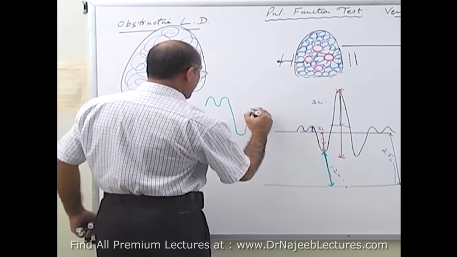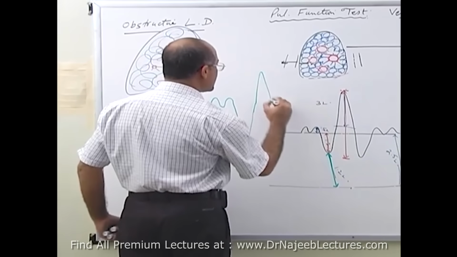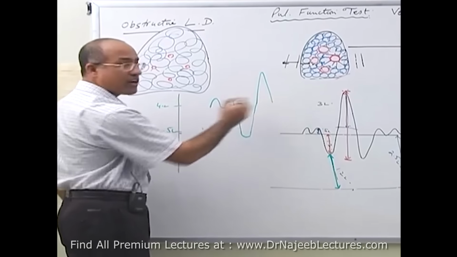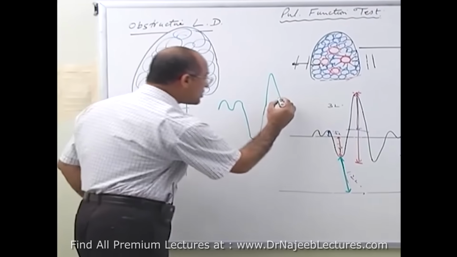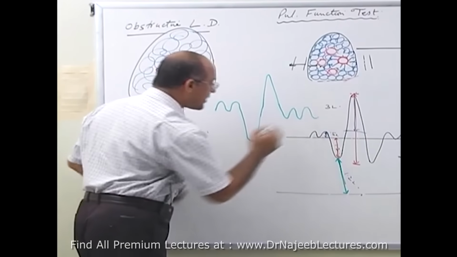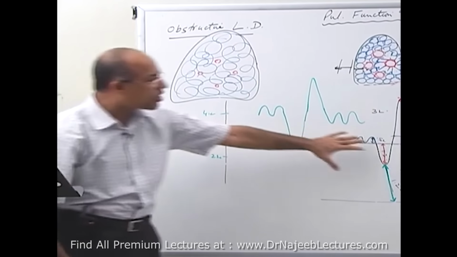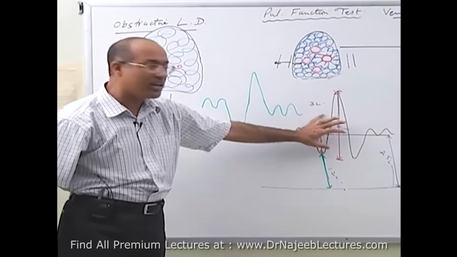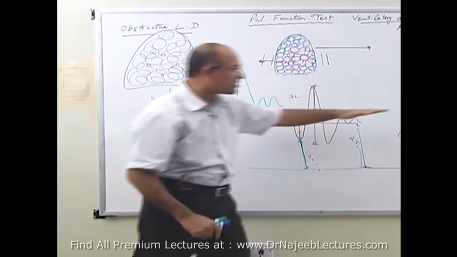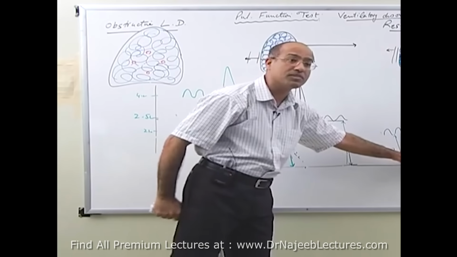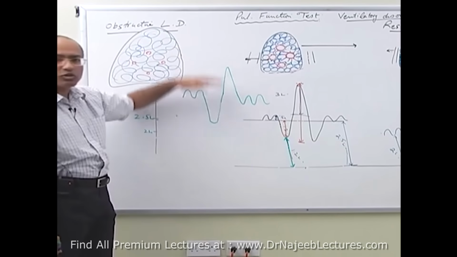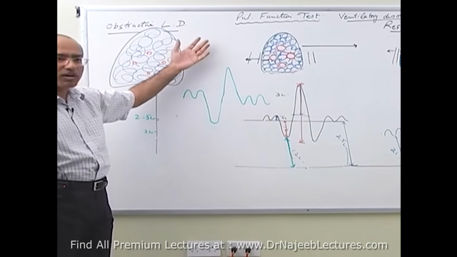So if you want to measure their vital capacity, that is not much either. They cannot bring a lot of air in. So this is how the spirometric findings are in obstructive lung diseases. You can just look and tell. If this is the normal, in restrictive lung diseases it's operating at lower volumes. In obstructive lung diseases, it is operating at higher volumes.